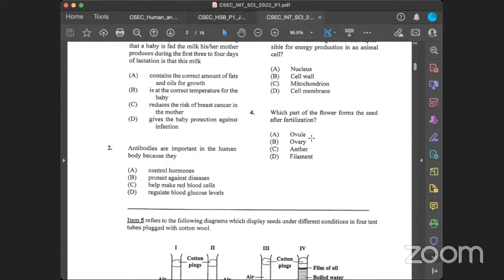What's the answer there? Yes, sir, it's the ovule. Ovule.